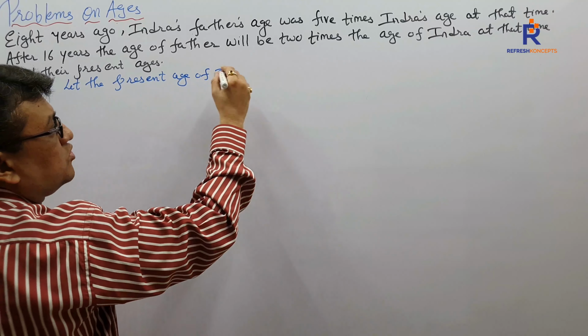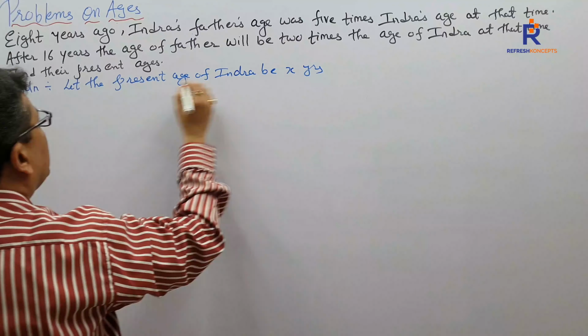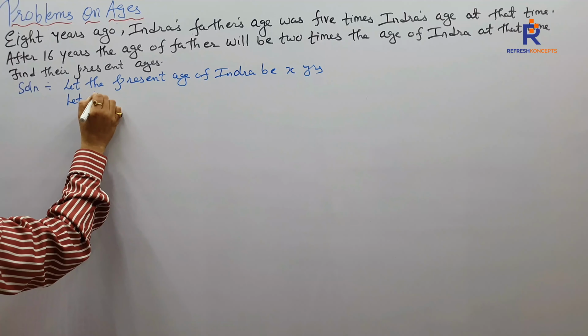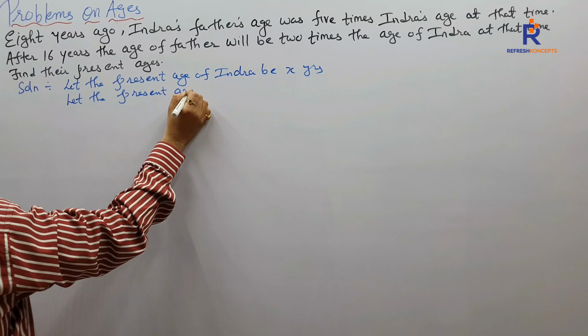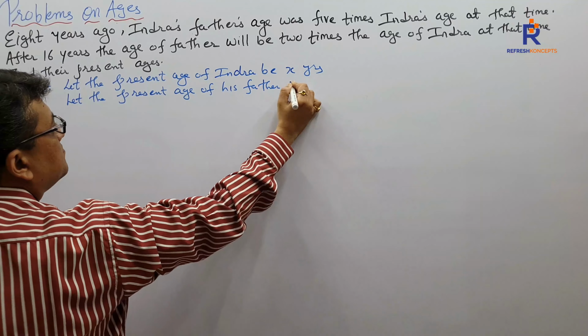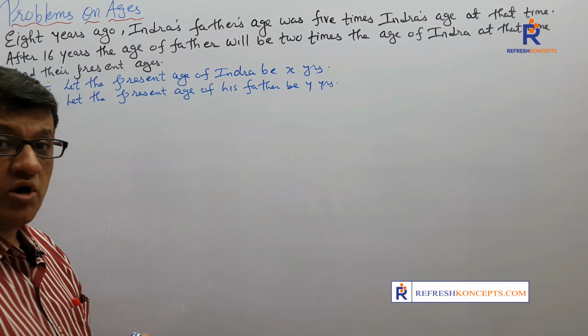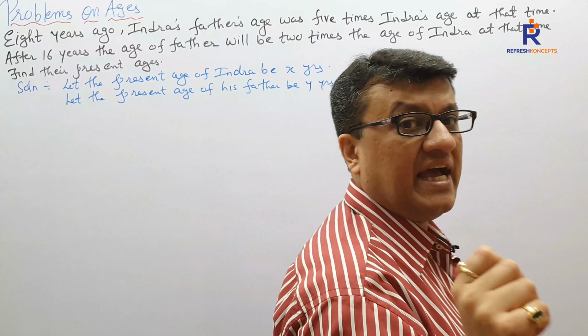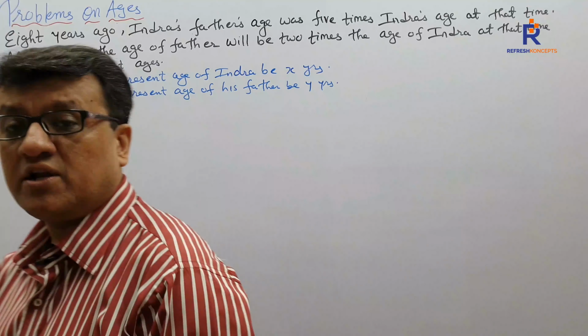Let the present age of Indra be X years and let the present age of his father be Y years. Once again children, the question was talking about past tense and we started off with present tense. Keep this in mind.